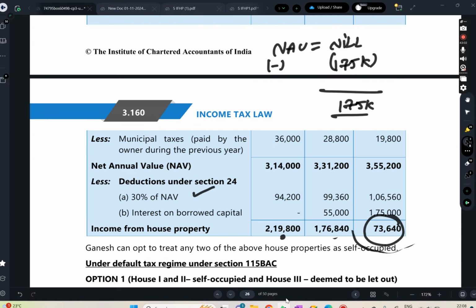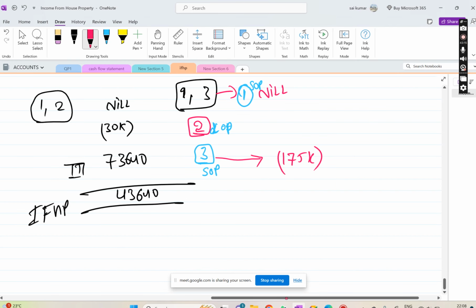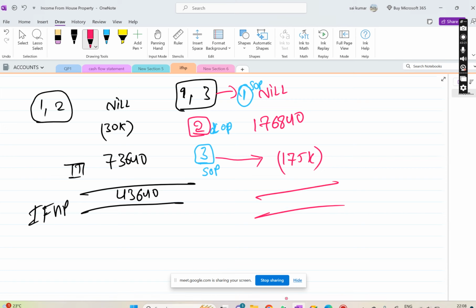And I am choosing the second house as deemed to be let out, where 1,76,840 I have to pay. So 1,76,840 minus 1,75,000, I will get 1,840 only, which will be considered as income from house property. See how much difference from the first option and second option.